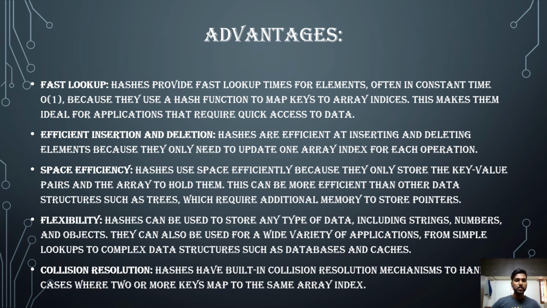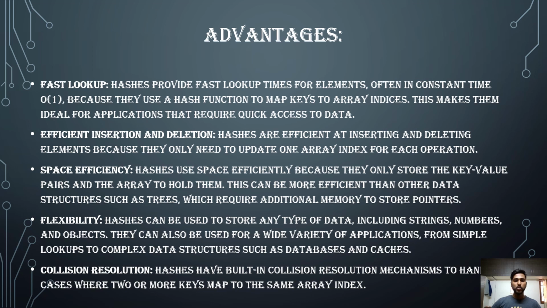The next one is space efficiency. Hashes use space efficiently because they only store the key value pairs and the array to hold them. This can be more efficient than other data structures such as trees, which require additional memory to store pointers. The next one is flexibility. Hashes can be used to store any type of data, including strings, numbers, and objects.